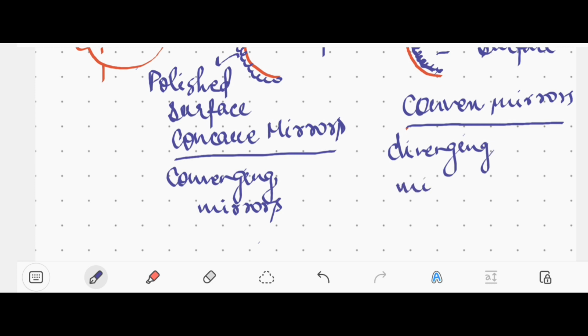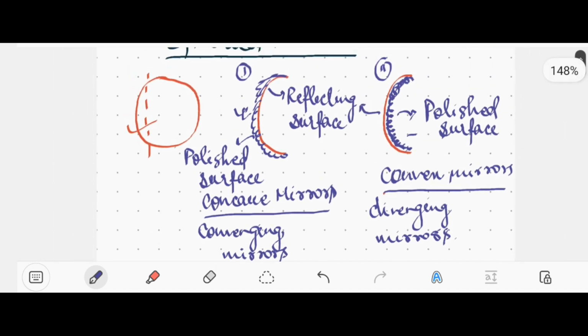These are the only two types of spherical surfaces that can be created for our study. Now let's move to the terms related to spherical mirrors.